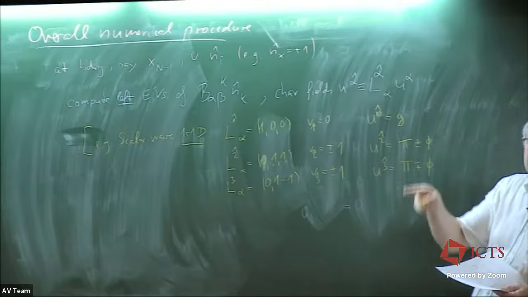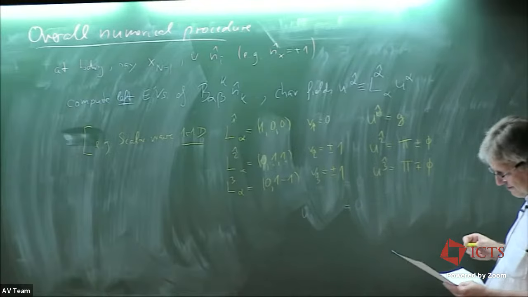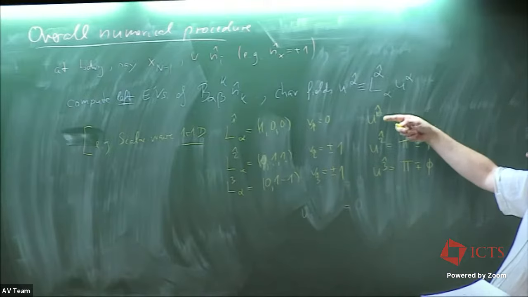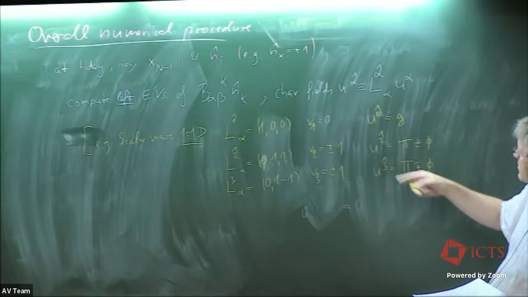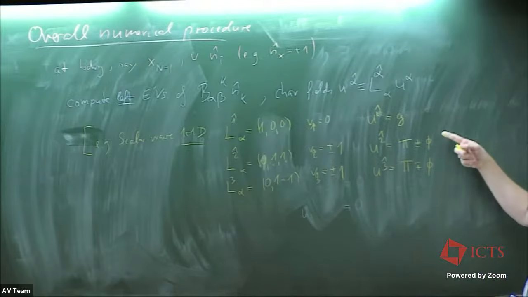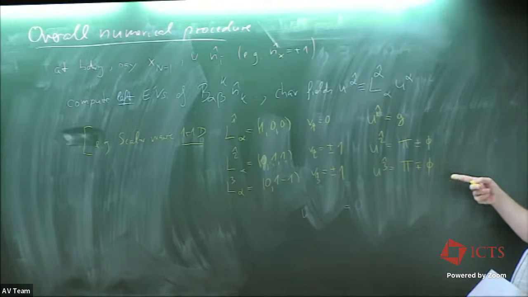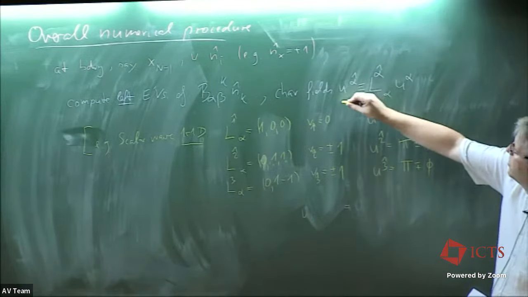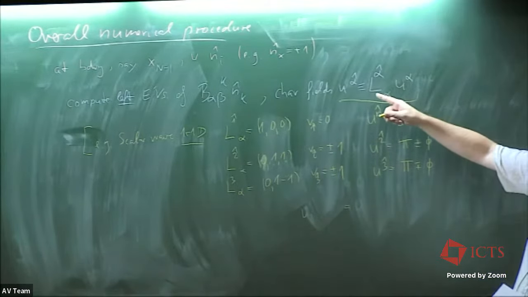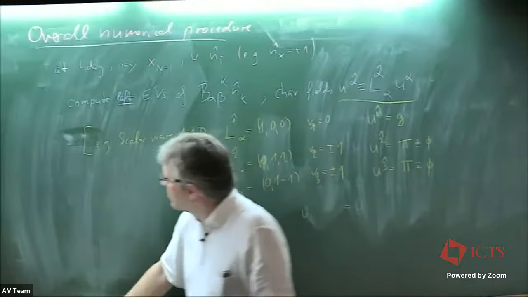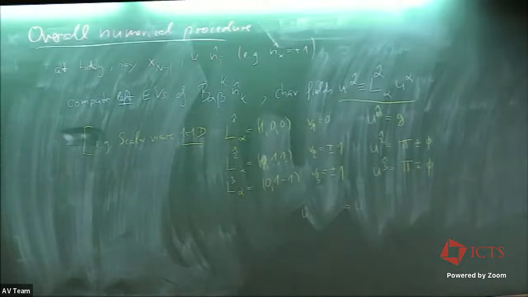I have it in my notebook. So you have these three things. And all these characteristic fields are some linear combination of the actually evolved fields, because this transformation here is linear. It's a matrix multiplication. Okay, so we have our characteristic fields.